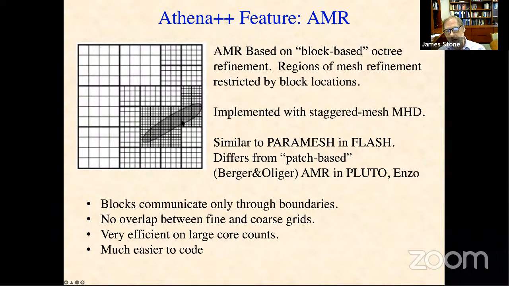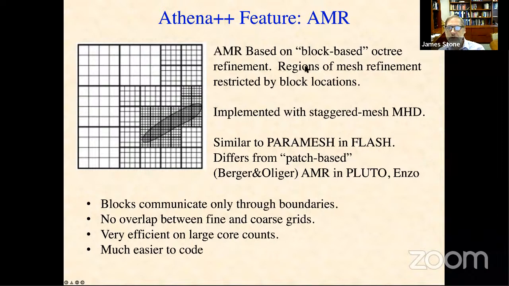And so you can concentrate very small spatial grid cells in regions of the domain that you need them, and you don't waste fine resolution in areas where you don't need it. And so this adaptively changes the spatial resolution to the flow to resolve small scales where you need it.